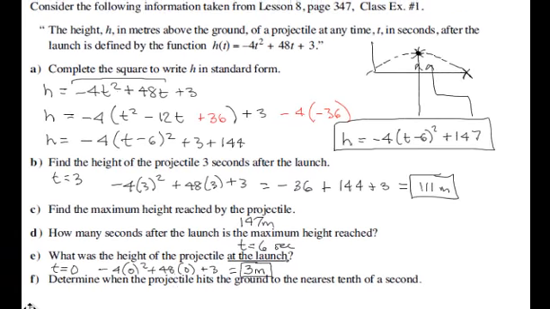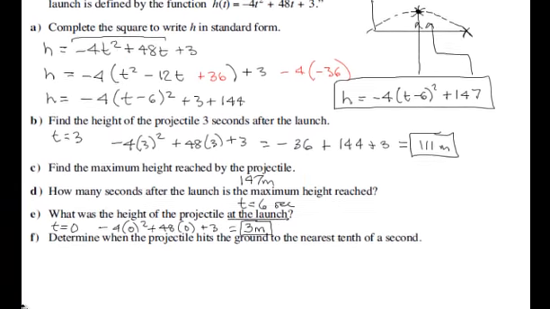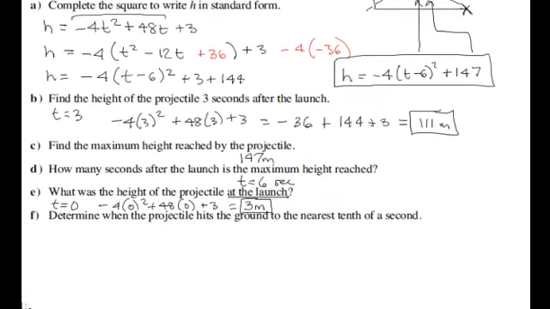And last thing, determine when the projectile hits the ground to the nearest tenth of a second. Well, what we want here is when is the height equal to 0. When you hit the ground, it means you've run out of height.